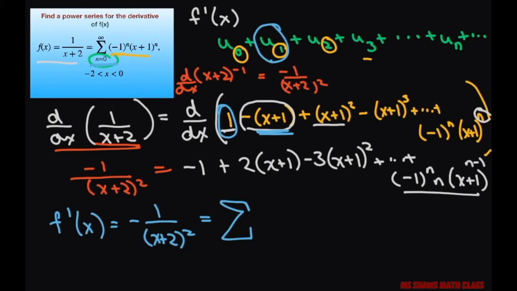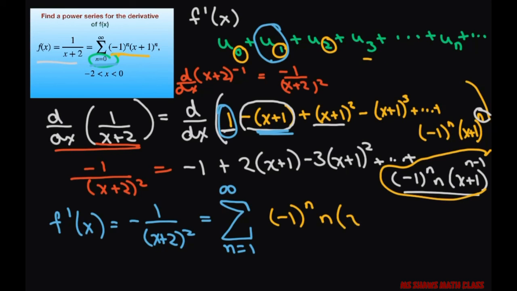It got moved down. So this is going to be n equals 1 to infinity. And then all you do is copy this down. That's going to be negative 1 to the nth power times n times x plus 1 to the power of n minus 1.